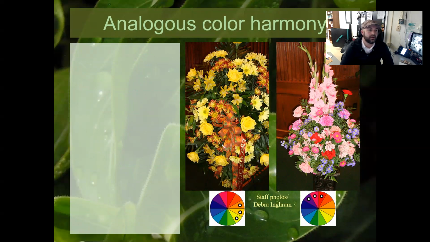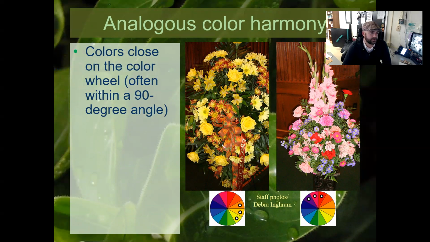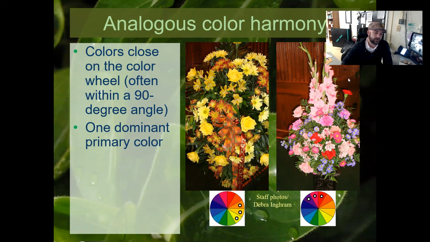So analogous color harmony, this would be colors close to the color wheel, often within a 90-degree angle. So one dominant primary color, it doesn't go to the other side of the color wheel. If we take a look at the bottom chart here, if we have colors that are orange in here, typically they're not going to be dark.